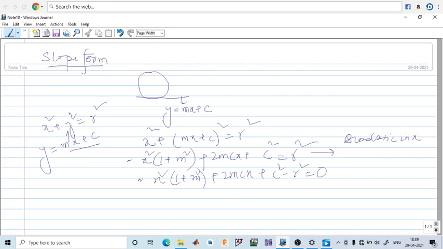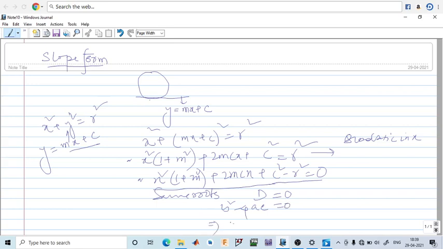We know that the circle and the tangent intersect at a single point. If it intersects at a single point, then this quadratic equation must have two roots that are the same. For same roots, we know the discriminant is equal to 0, that is b square minus 4ac equals 0.